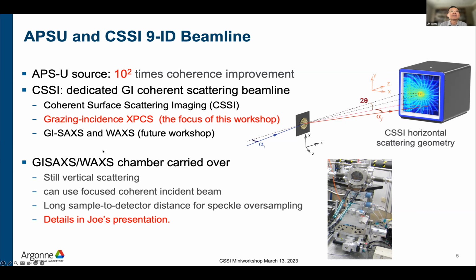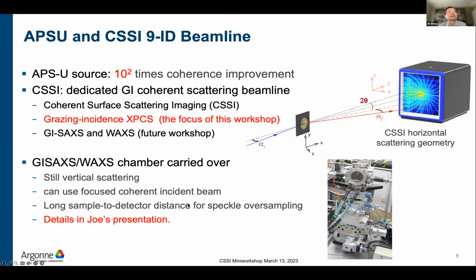The CSSI beamline, 9ID, will be built for APS-U as an APS-U featured beamline. CSSI stands for coherent surface scattering imaging.